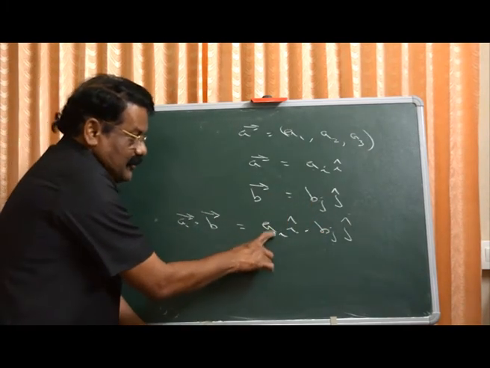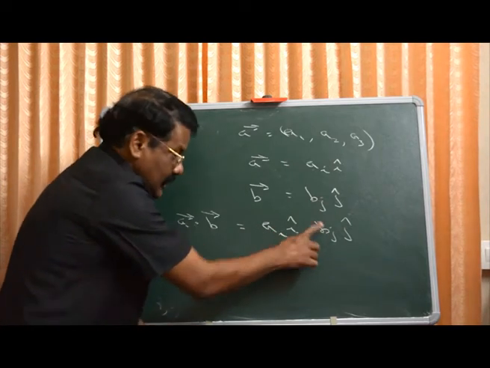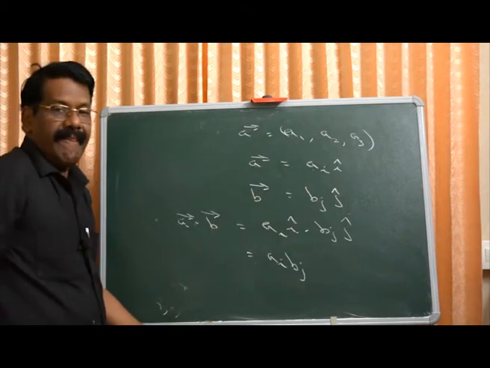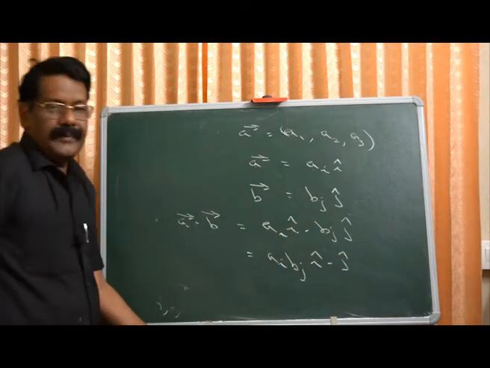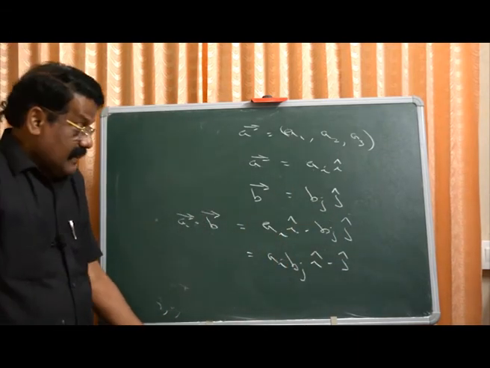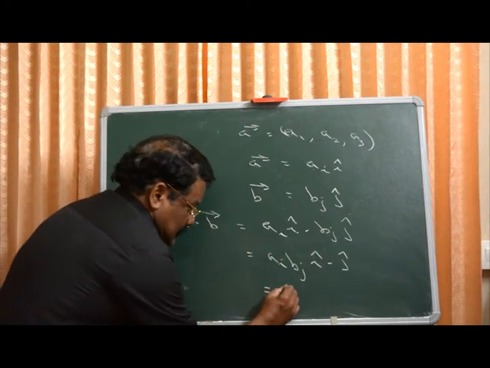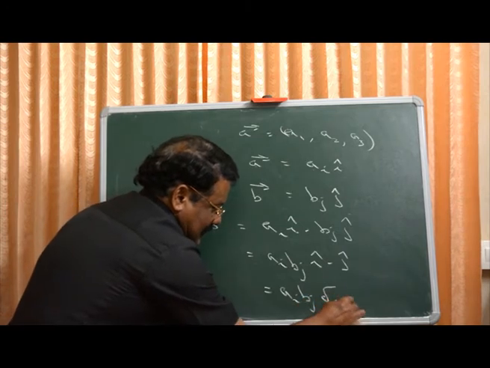Ai are the components of the vector A. Bj are the components of the vector B. So these are numbers, Ai Bj into i dot j. But i dot j is delta ij. So Ai Bj delta ij.